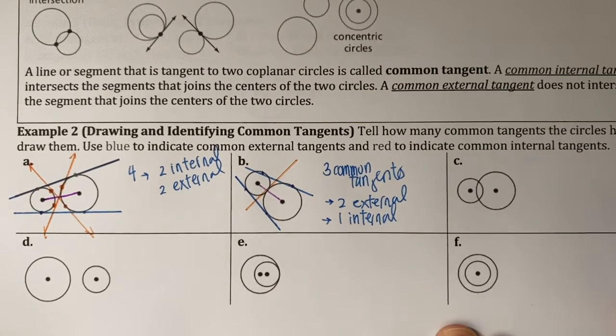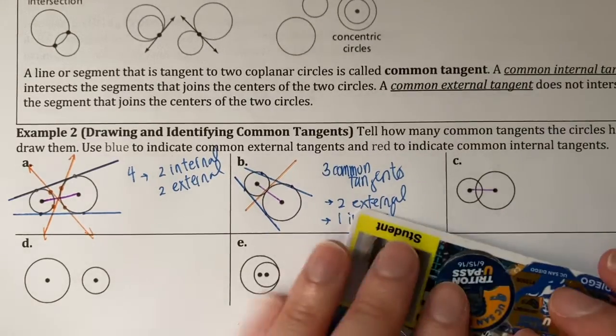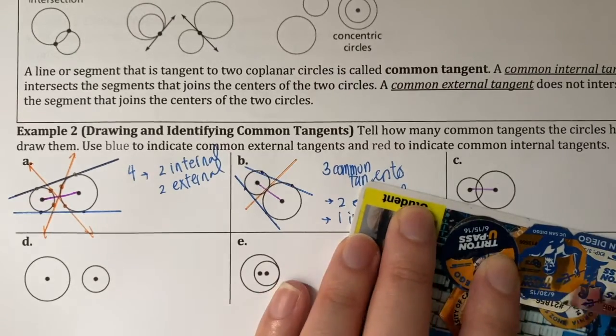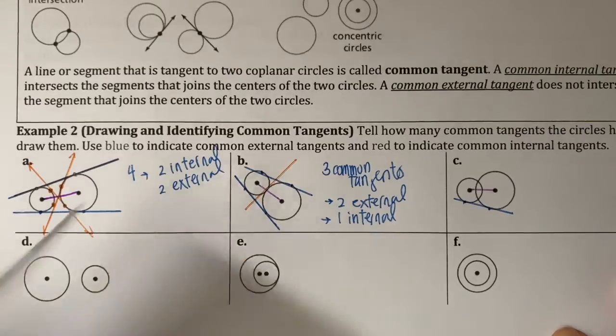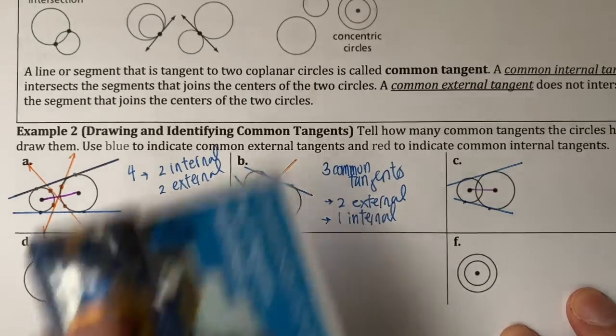All right, so for C, let's draw that line that connects the 2 centers of the circles. And we're going to use our straight edge to find some external tangents. Pretty sure there's going to be one on the bottom again. Looks to be about there. There's going to be another common tangent that crosses the 2 circles from the top. And then we want to see if there is an internal tangent.